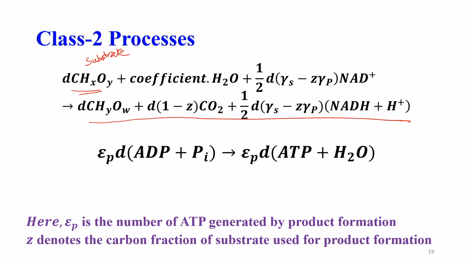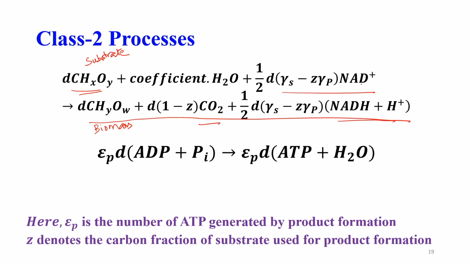So, this is your substrate, this much NAD plus is required, and how it is coming I will discuss in a while. This is leading to formation of biomass, carbon dioxide and NADH plus H plus.